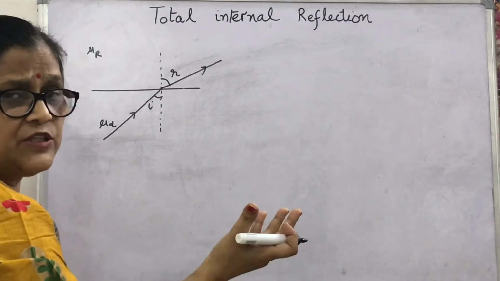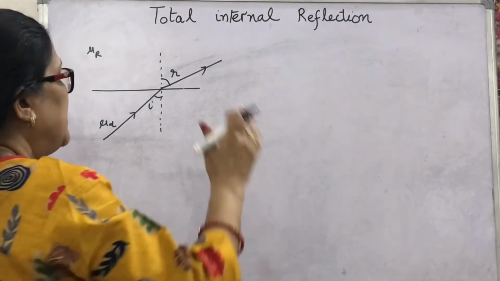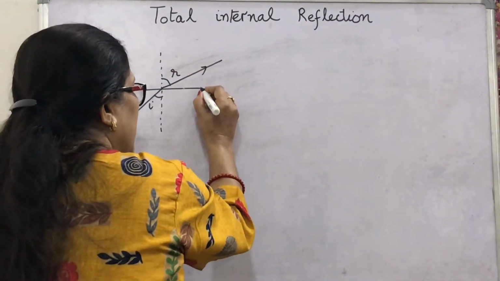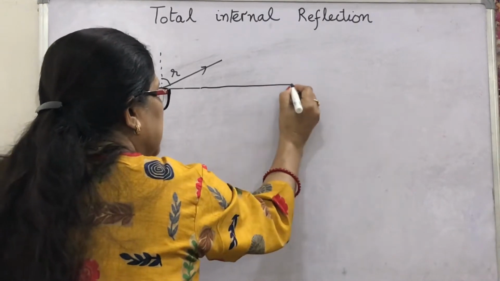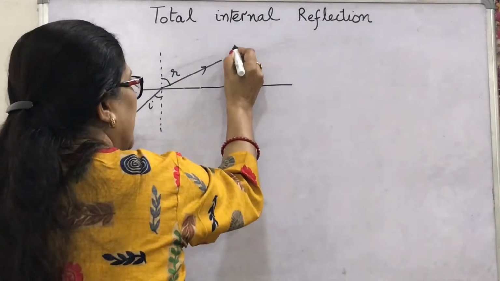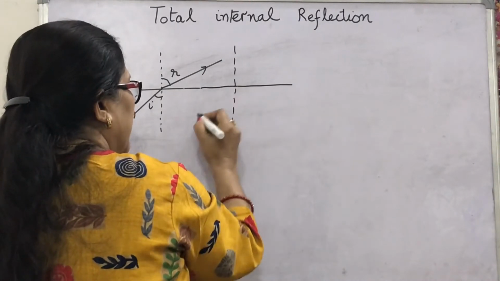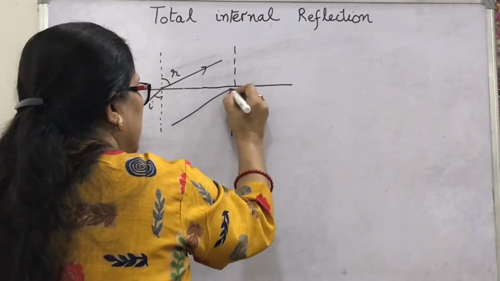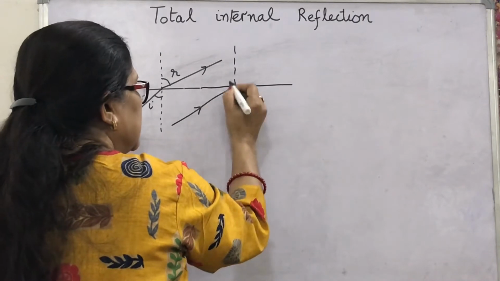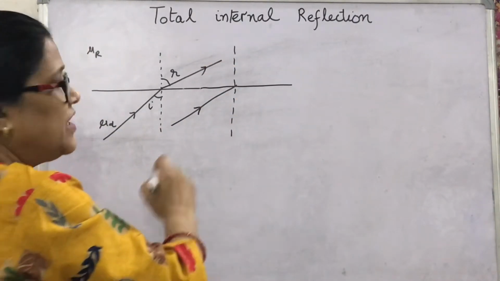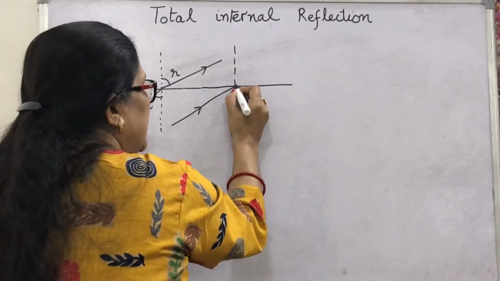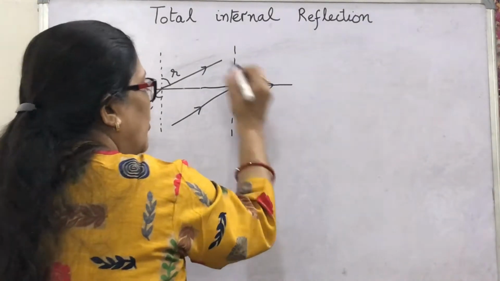It's very simple. But at a particular angle of incidence in the denser medium, suppose I am drawing here, this is the normal, and at this point if you increase the angle of incidence in such a way that the refracted ray goes along the interface.